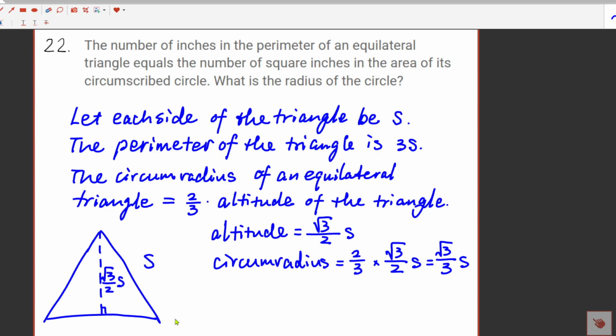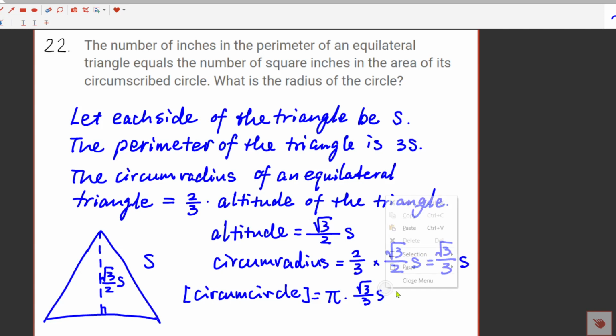So the area of the circumcircle is pi r squared, which is pi times square root 3 over 3 S squared.